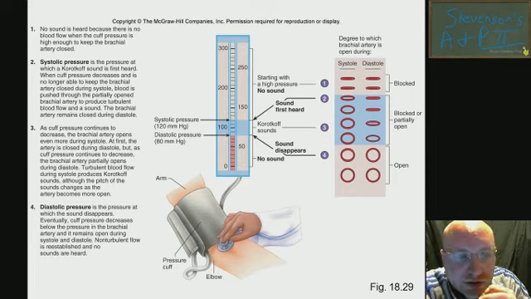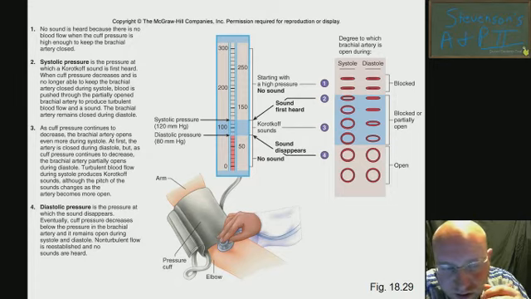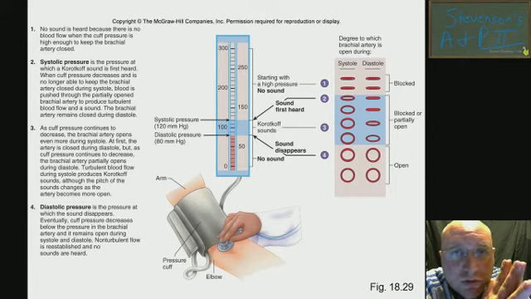For those of you that understand this fairly well, we're going to move on after talking about systolic and diastolic pressure. We'll throw back to chapter 17. The greatest pressure in the arteries occurs when the ventricles are contracting. That is systolic pressure.